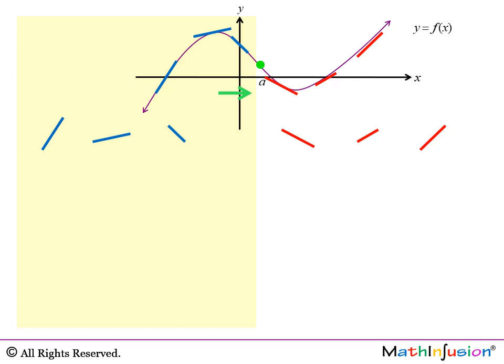Now let's focus on this side, from negative infinity to a. If you see, the slopes of the tangent lines are decreasing. It's very steep at the beginning, and then it even turns from positive for the first one to negative in the last one.